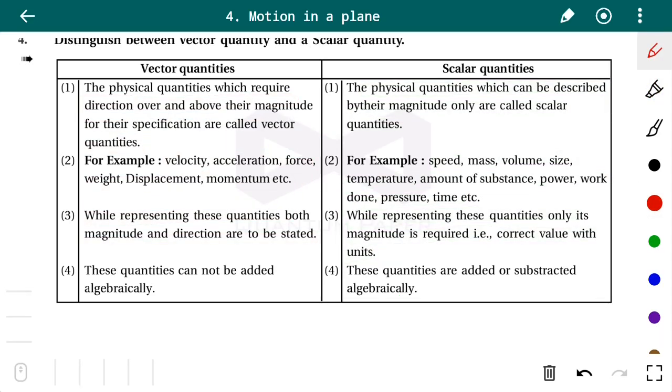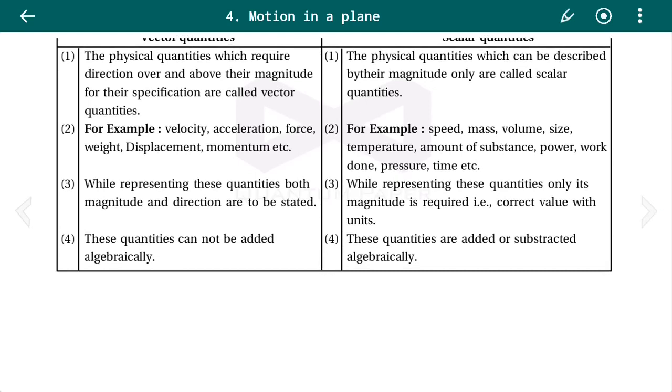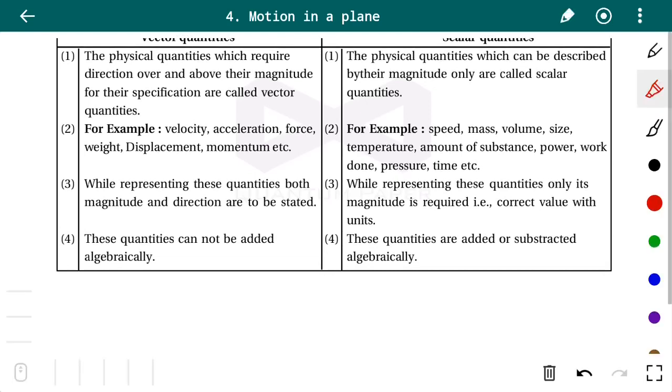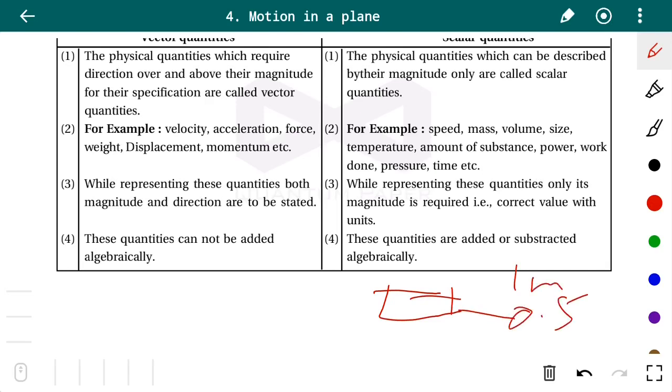Vector quantities cannot be added algebraically. And the scalar quantities are added or subtracted algebraically. As for example, if you have the length of a rectangle as say 1 meter and breadth as 0.5 meter, right?